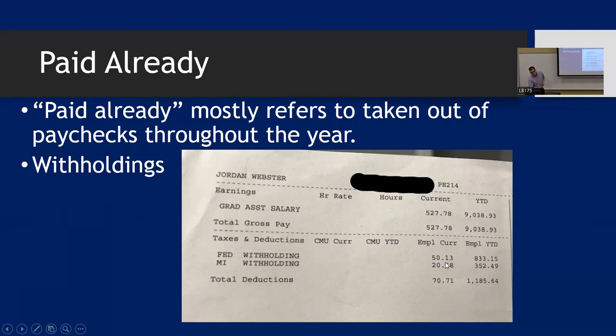The federal withholding of my paycheck was like 50.13, and that 50.13 was sent to the government. So on everybody's paycheck stub, you would see this.